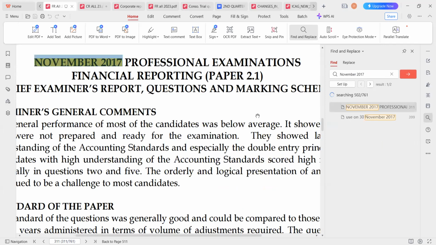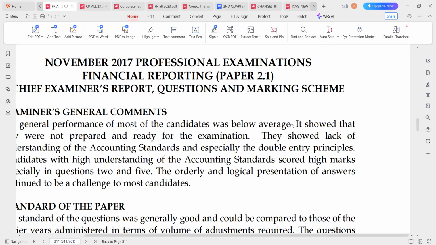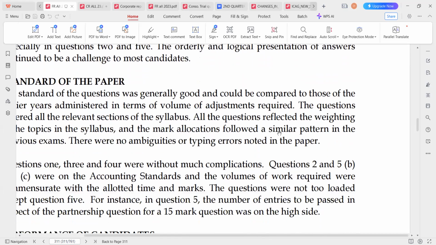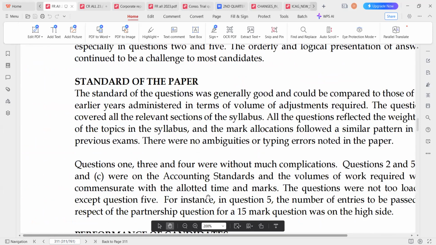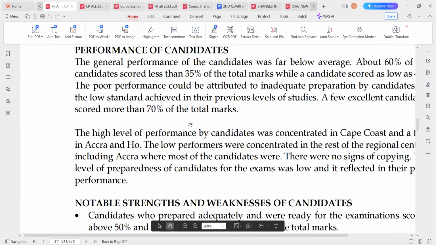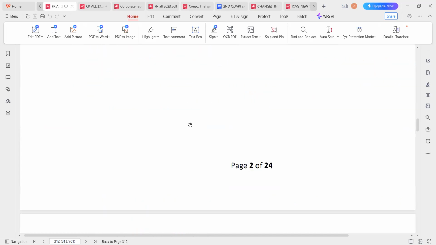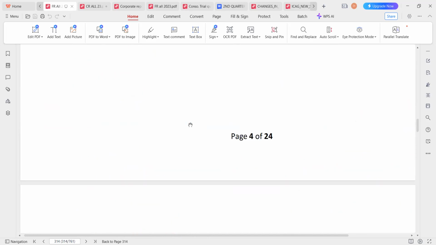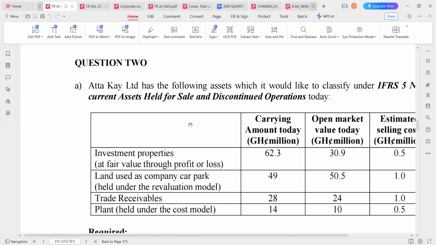Go to the first question, question 2A, November 2017. The question was testing candidates on things that go into the scope of IFRS 5. I was so shocked.